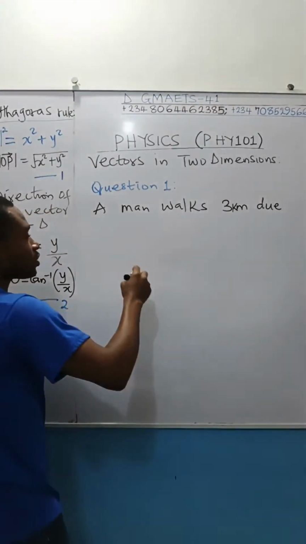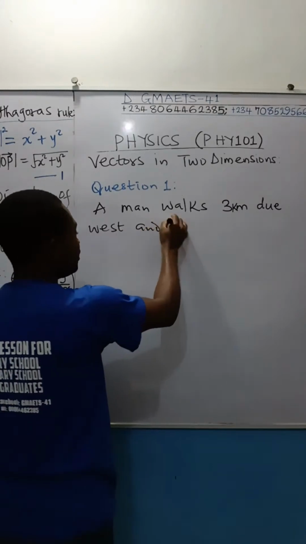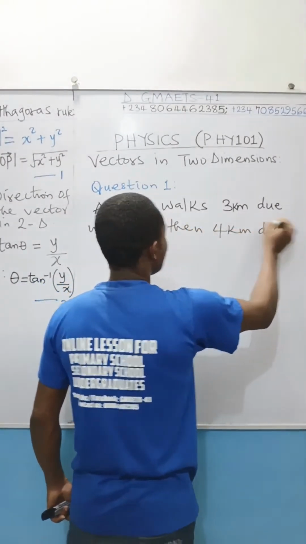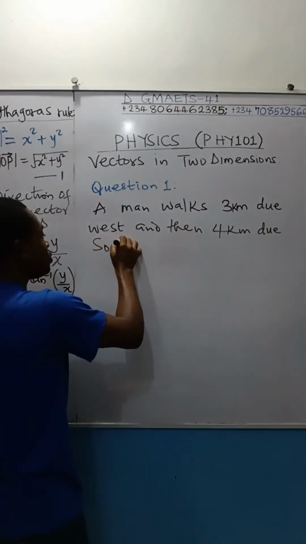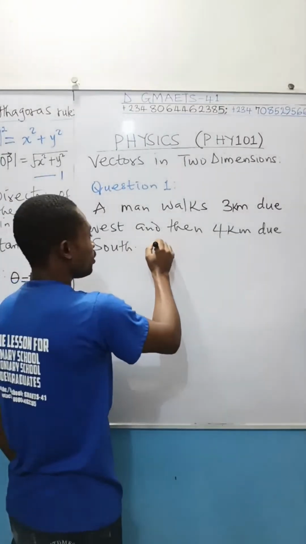A man walks 3 kilometers due west, and then 4 kilometers due south. Full stop.